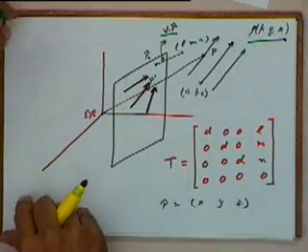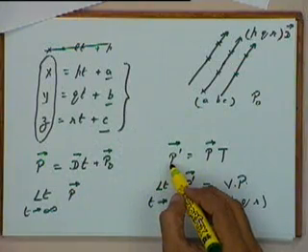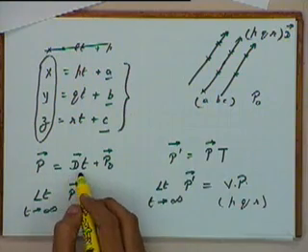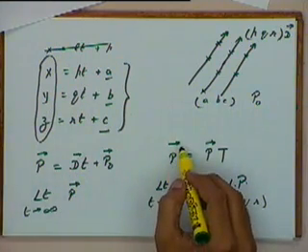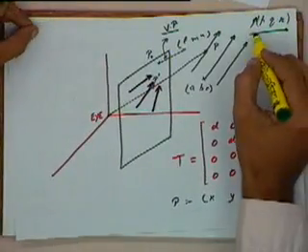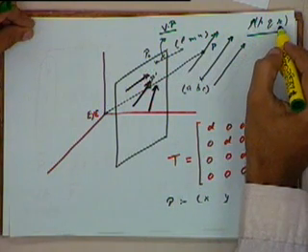So this point P prime corresponds to the projection of the point P. So in the general parametric form, this P prime will be the family of lines which are the projection of parallel lines in the direction of PQR.